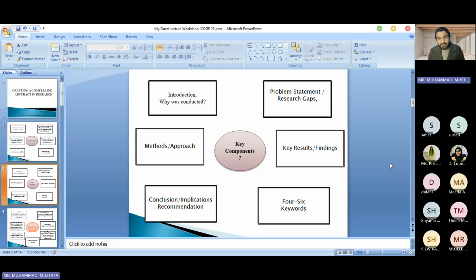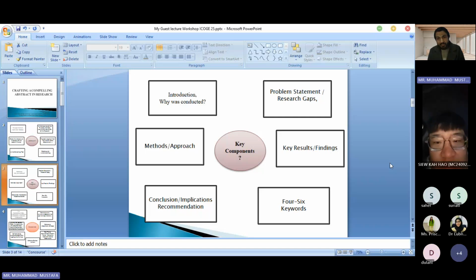So the whole paper revolves around the keywords. Keywords show the interest, the area and the focus of the research. So the keywords should be the important keywords which have been focused on in the whole paper.